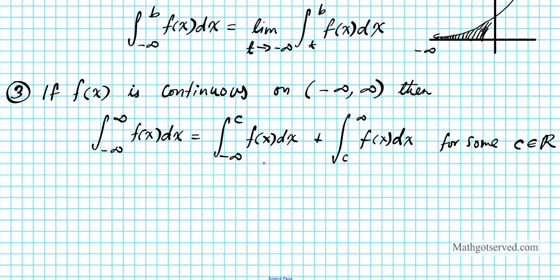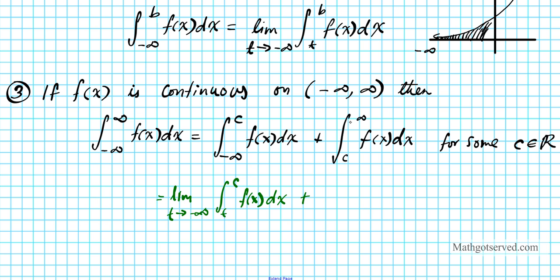Then when we have these two, we treat them independently, as though we're doing the upper problem and the lower problem. If I wanted to evaluate this, I'll take the limit as t approaches negative infinity of the integral from t to c of f of x dx. This is case number 2, rewritten because the lower limit is at negative infinity.